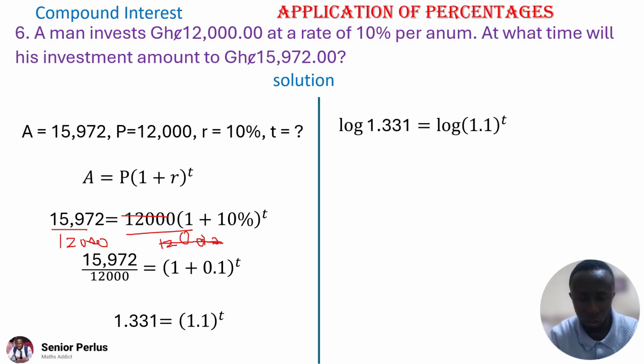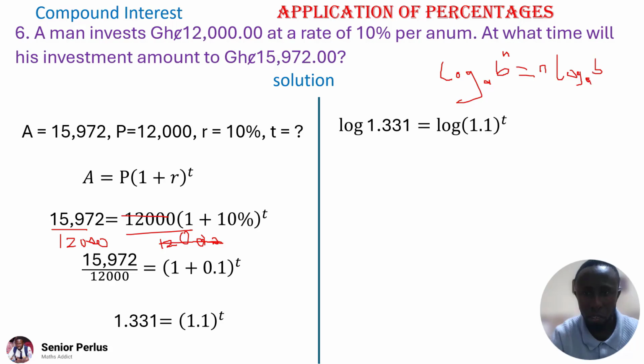We say that log of a to the power n is n times log of a. So we are changing to this, and that's what we did here.